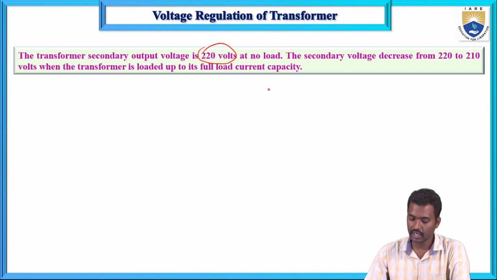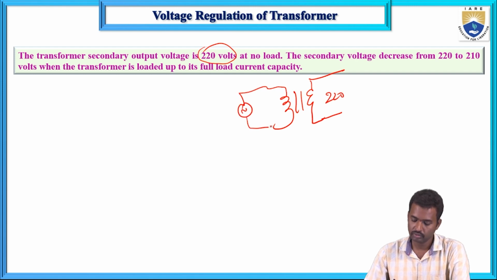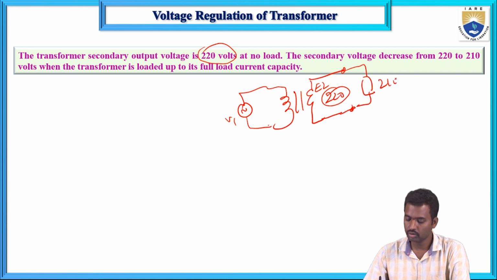First, draw the diagram. This is the transformer. At no load, the voltage is 220 volts. If you connect the load, the load voltage is 210 volts, so it drops 10 volts.